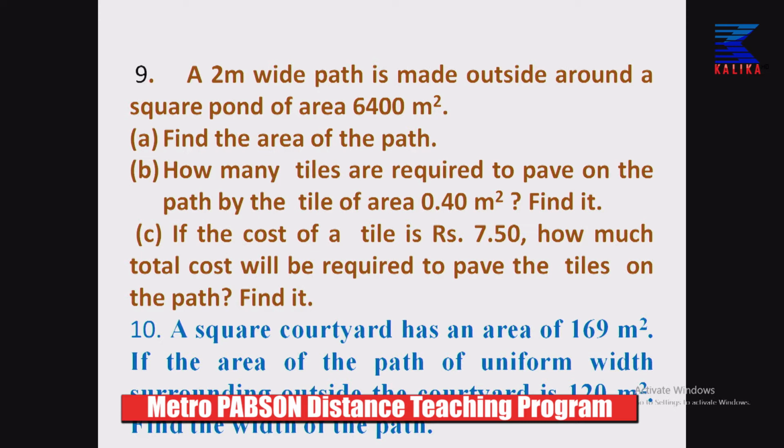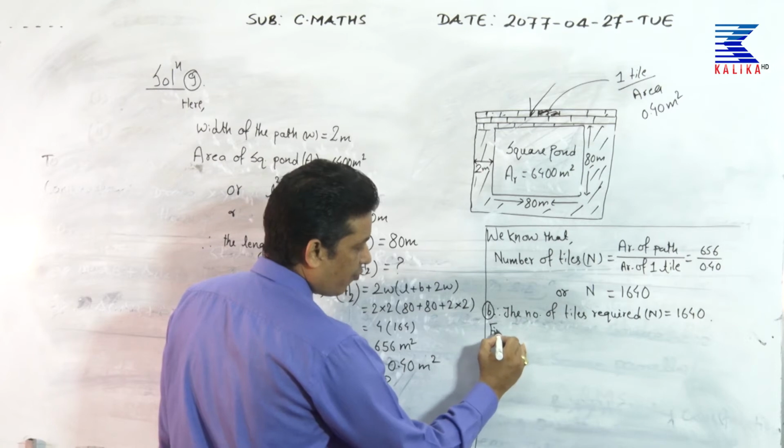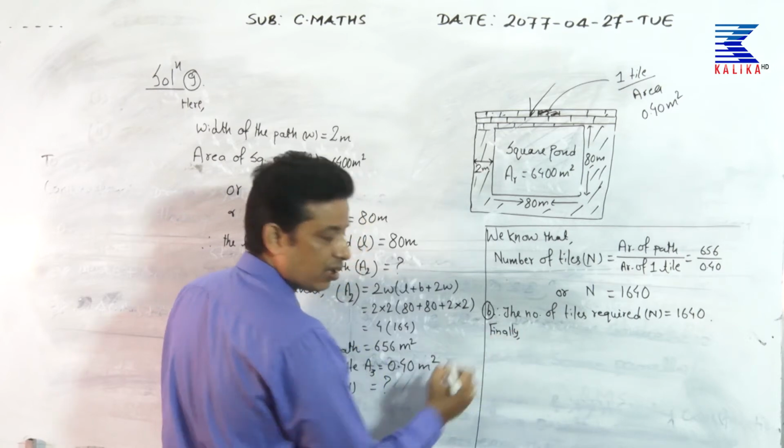If the cost of a tile is Rs 7.50, here the cost of tile is given, how much total cost will be required to pave the tiles on the path? So, what is the cost of one tile, dear student?